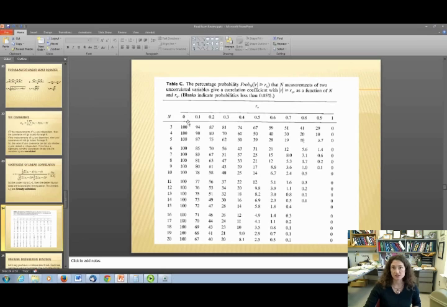So if r is equal to 0, then that would tell us that the things are absolutely not linearly correlated. So no matter what your number of data points are, if r is 0, then it's 100% probability that it's not correlated. Okay. Whereas if it's 1, then it definitely is correlated. So there's a 0% probability that it's not correlated, and that shows up in the chart. Hopefully that's relatively clear.